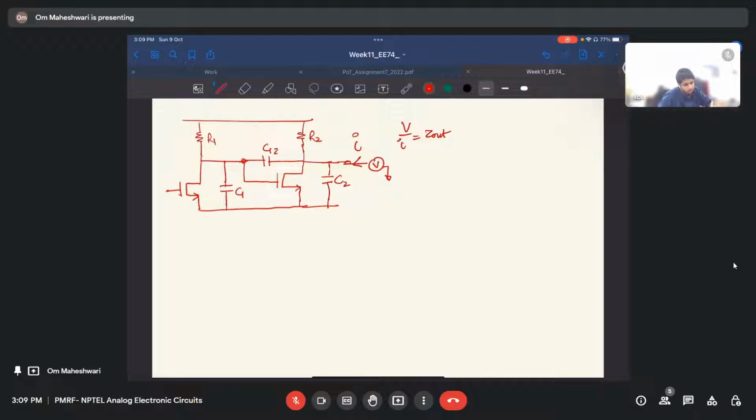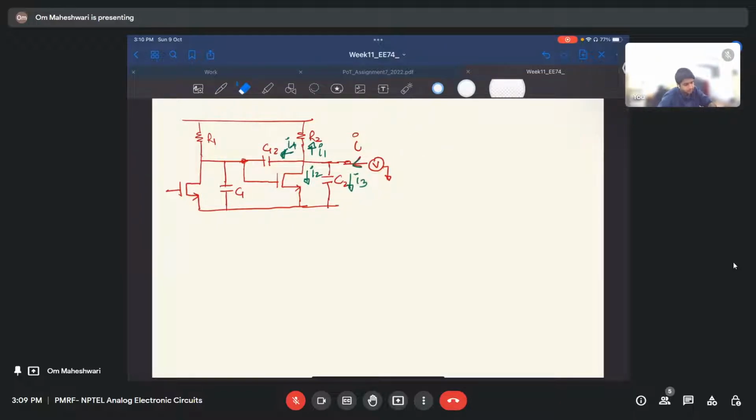So what will be the components of I here? One part will go through this C2, one part will go through this MOSFET, some part will go here and some part will go here, right? Let me name them I1, I2, I3, and I4.